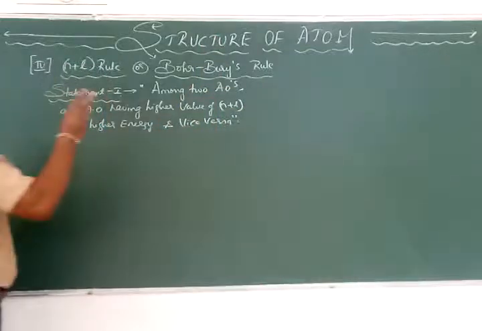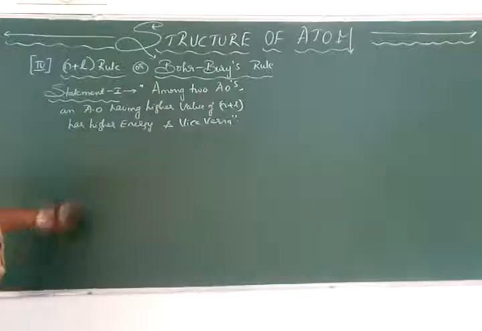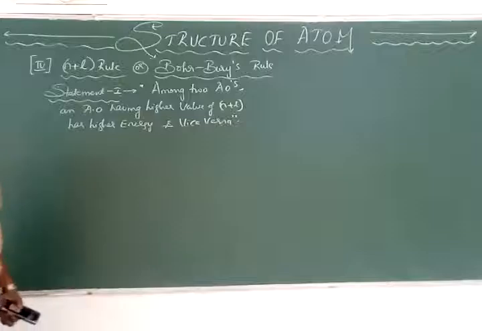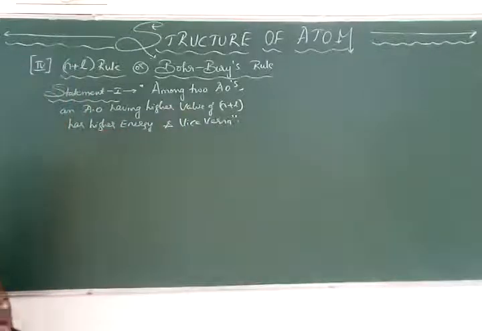Means if I consider at least two atomic orbitals, among those two atomic orbitals, any atomic orbital having the higher N plus L value must have the higher energy, or it may be the vice versa.